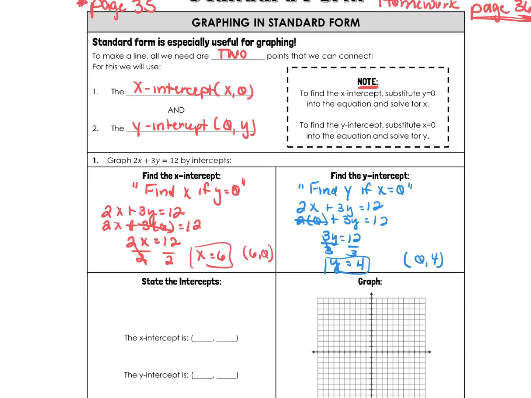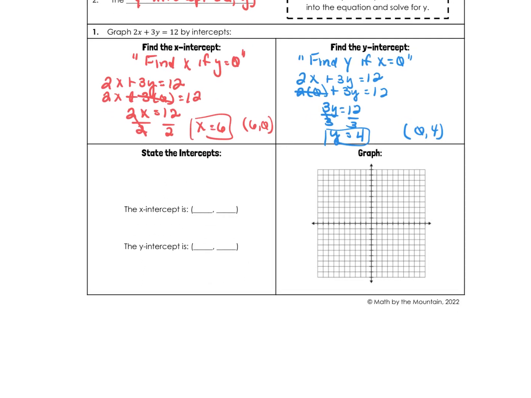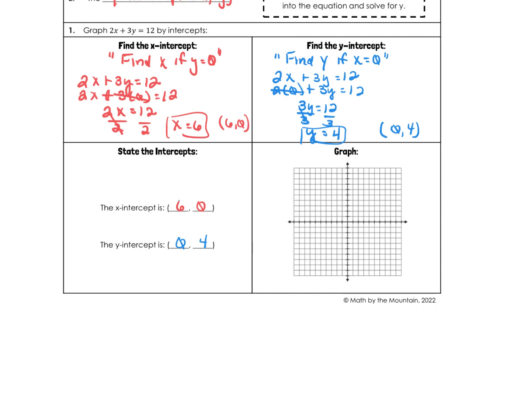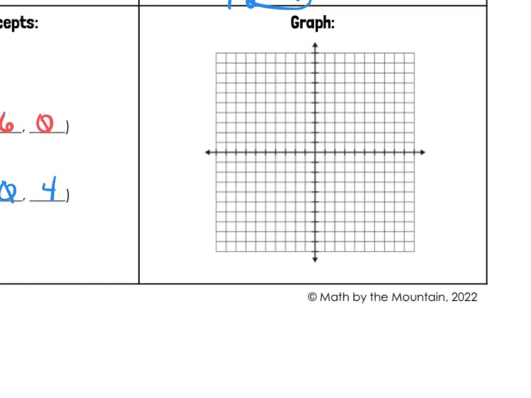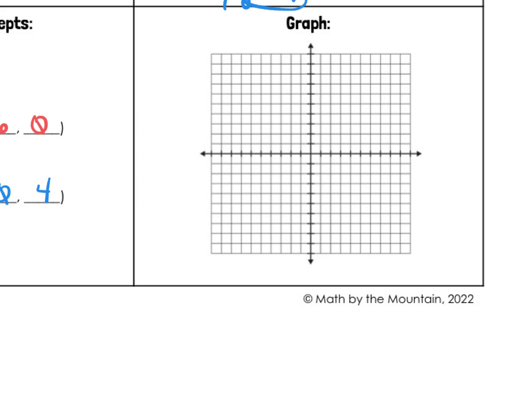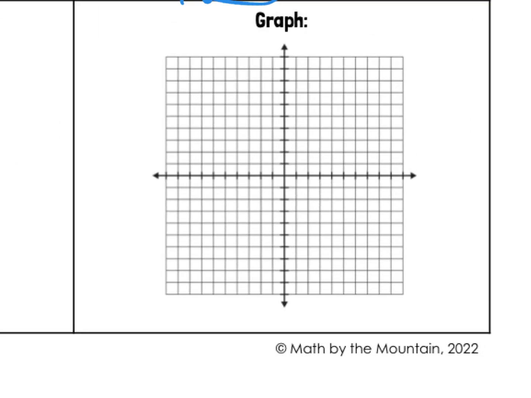Next, we're going to state the intercepts. The x-intercept is 6, 0. The y-intercept is 0, 4. Now, we're going to graph. We're going to start at the origin.